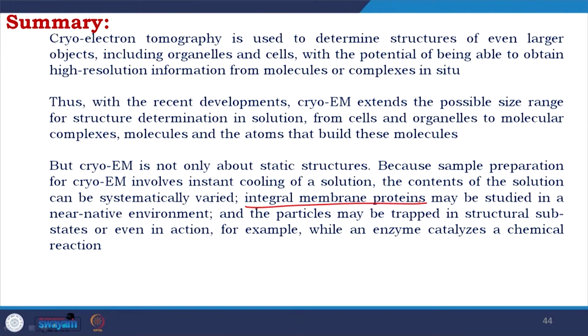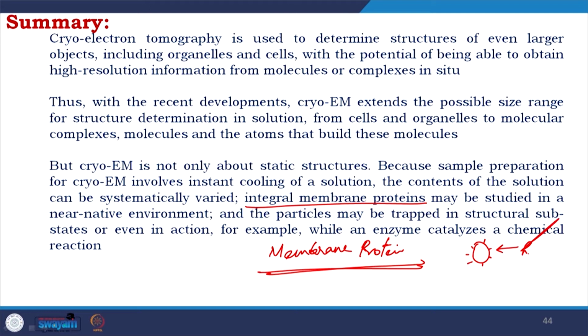Also, one thing I have to repeat about membrane proteins. As you have already understood, soluble proteins are proteins which have hydrophilic amino acids, which form hydrogen bond with the water and solubilize.